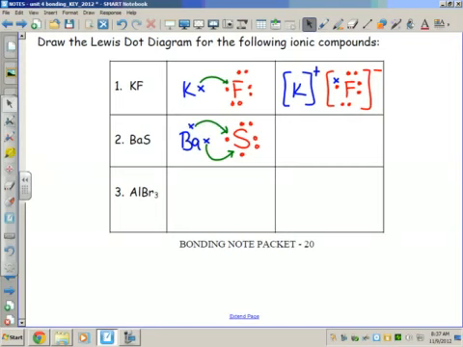And now we draw the compound post-transfer. Since barium has lost 2 electrons, it has a plus 2 charge. Since sulfur has gained 2 electrons, it has a minus 2 charge.